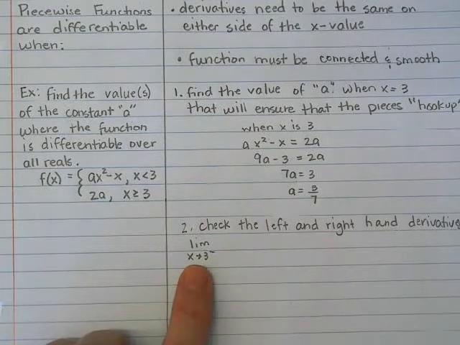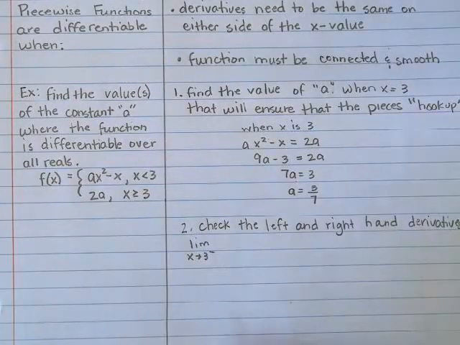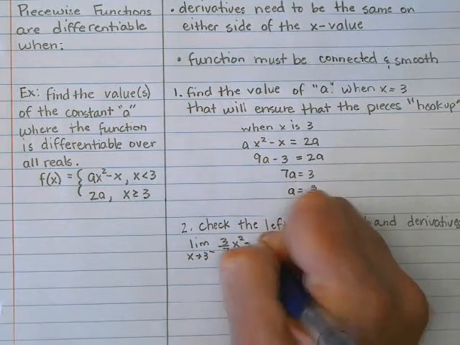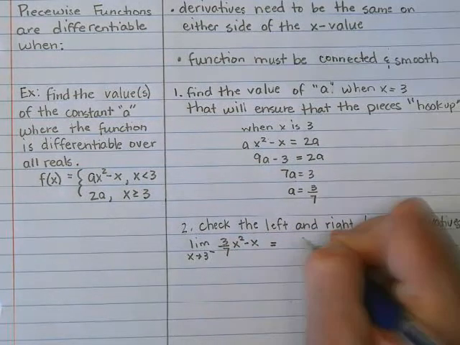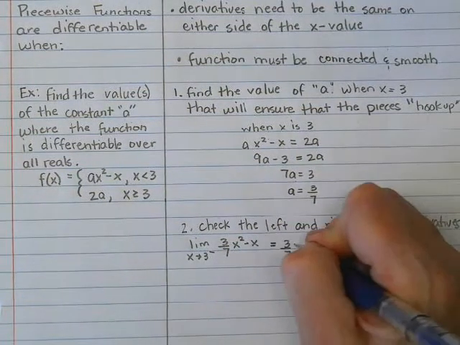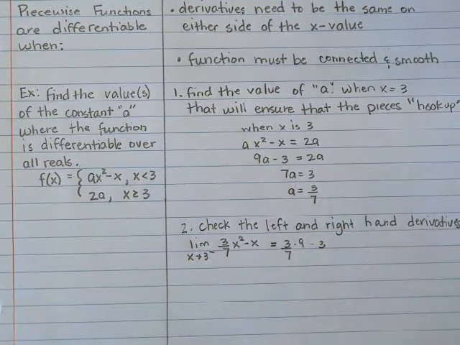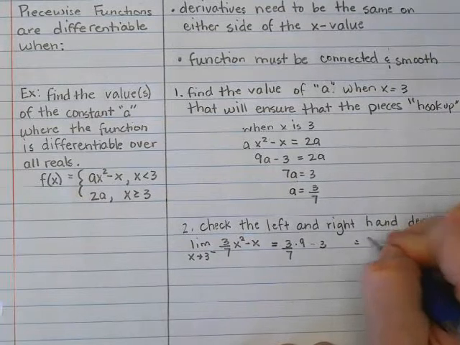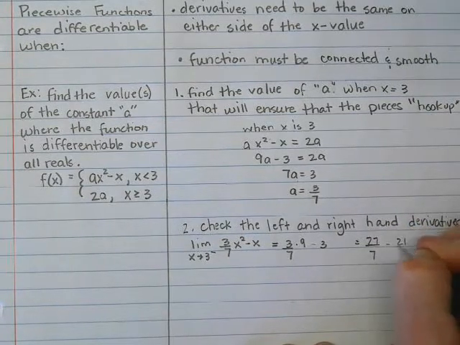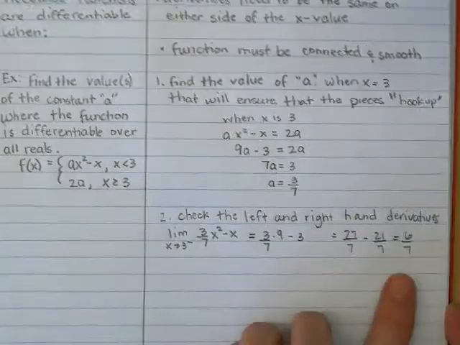As I'm coming from the left, I need to use that function. And a is 3/7. So 3/7 x squared minus x is going to be 3/7 times 9 minus 3. That is 27/7 minus 21/7, which is equal to 6/7.